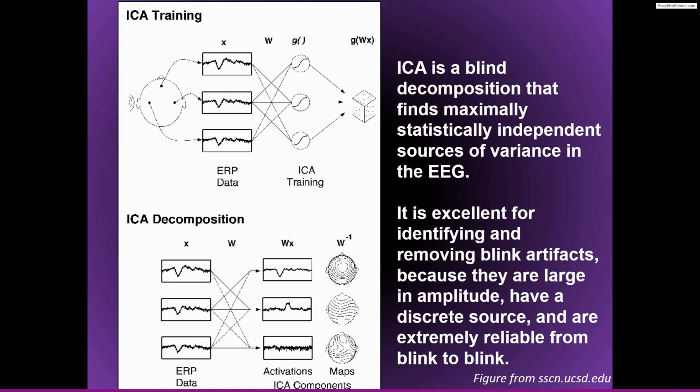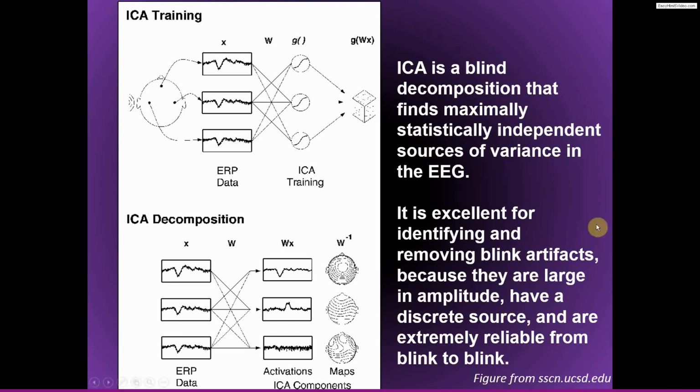Now, if we only had one electrode on the head, it would be extremely difficult to isolate these different sources. But because we have many electrodes, dozens of electrodes, or sometimes a few hundred electrodes, it's possible to use blind source separation algorithms like ICA to try and isolate these different sources of variance.